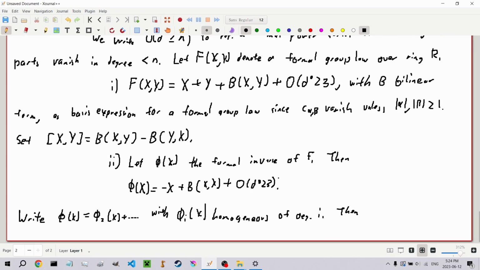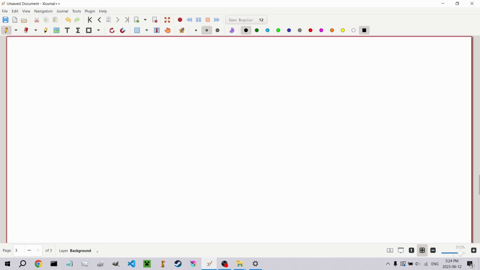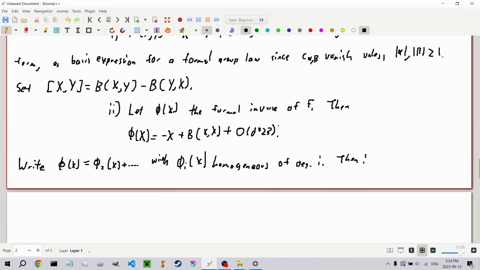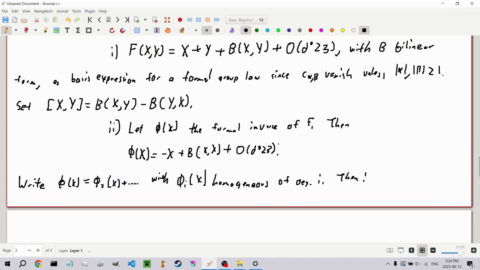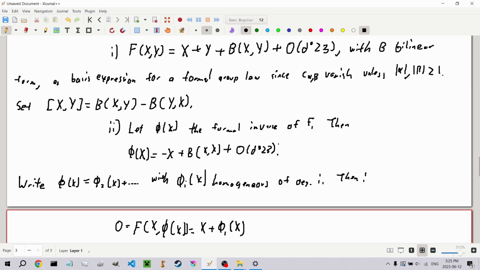Then got some more equations to write on a new line. New page. 0 is going to be, by definition, f of x with its inverse phi of x, which we can plug into the equation to get x plus the order 1 term of phi of x plus some higher order stuff.